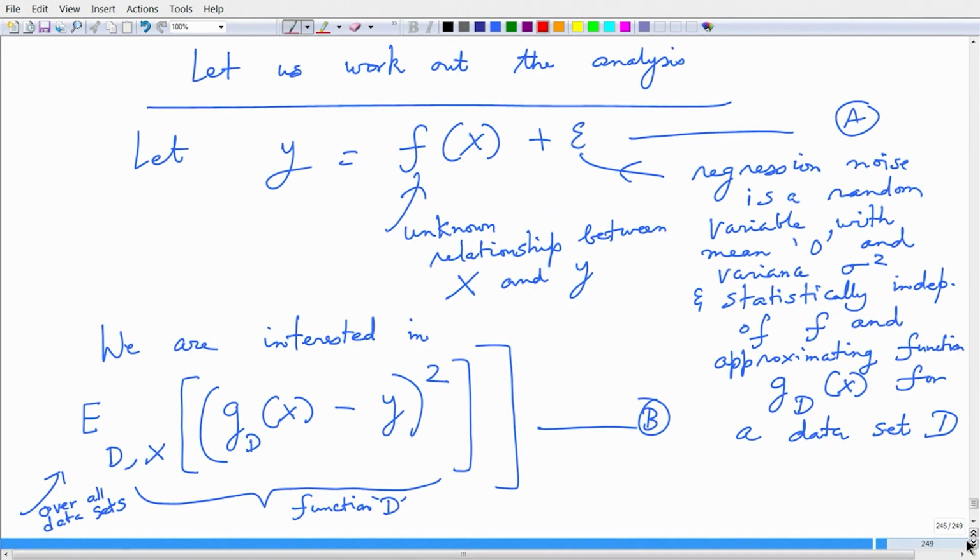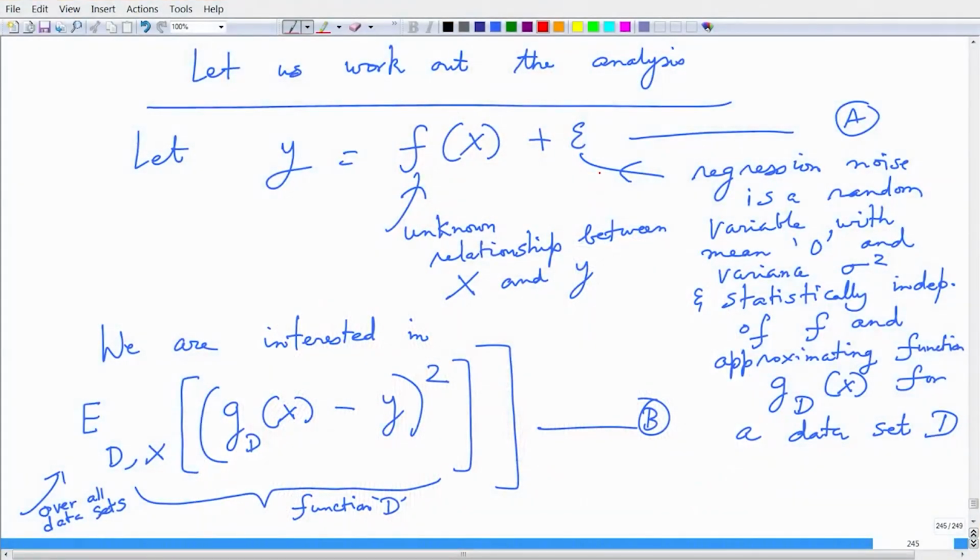Now, let us work out an analysis of this regression problem. So, y equals f of x plus epsilon, f is an unknown function.